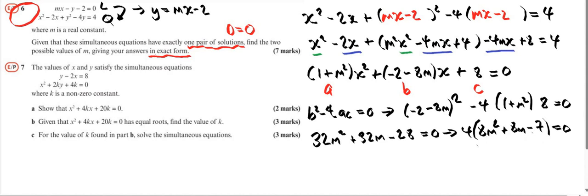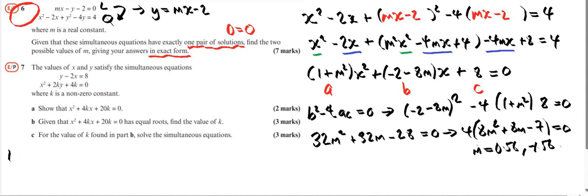So if I find out my m, it's equal to 0.56 or minus 1.56. Now, if we want the exact answers, what do we do?